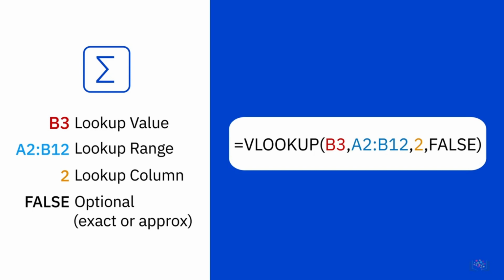The square brackets around this argument in the formula signify that it is an optional argument, whereas the others are required arguments of a VLOOKUP formula. If you don't specify the optional FALSE or TRUE parameter in your formula, it will default to TRUE. You can also use the number 0 instead of FALSE, and the number 1 instead of TRUE.